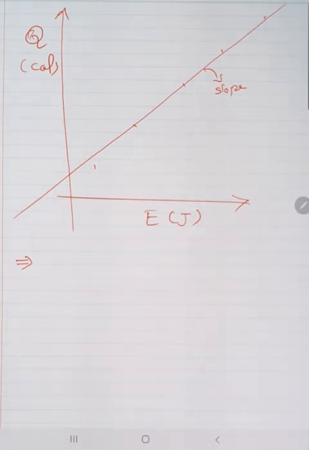So for the sake of simplicity, we ignore the calorimeter. However, if we want more accurate results, we need to consider the calorimeter in the equation, since part of the heat will be absorbed by it.